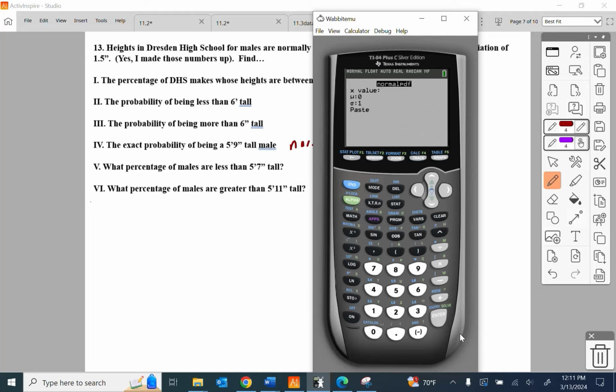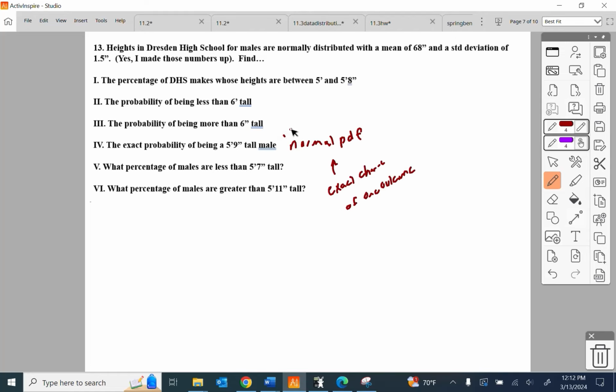If you're going to be 5'9", you're going to be 69 inches tall. The mean is 68, and the standard deviation is 1.5. Surprisingly high, 21.3%. Wouldn't have guessed that. 21.3%.